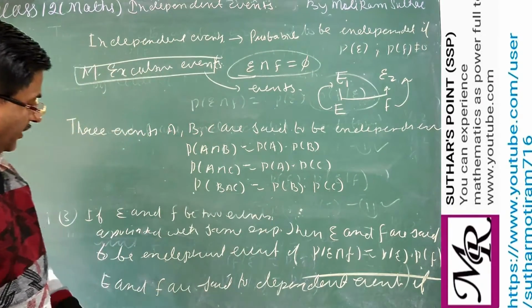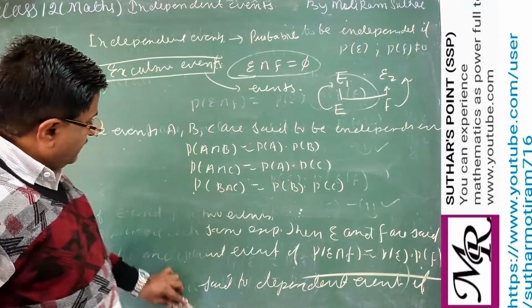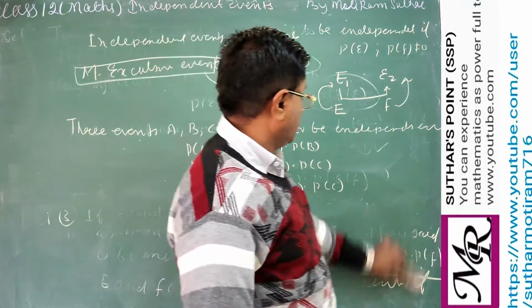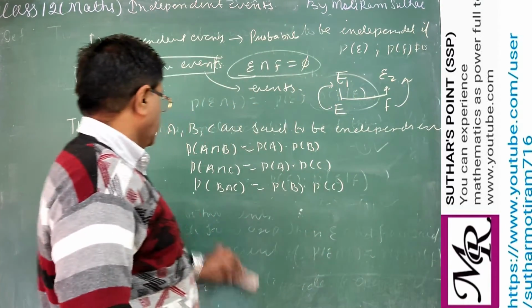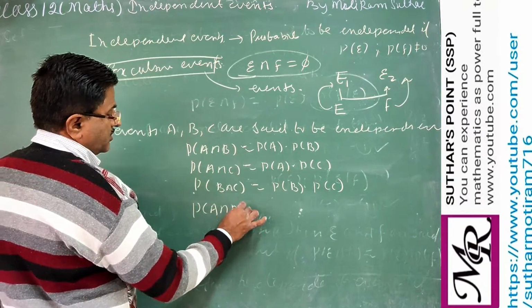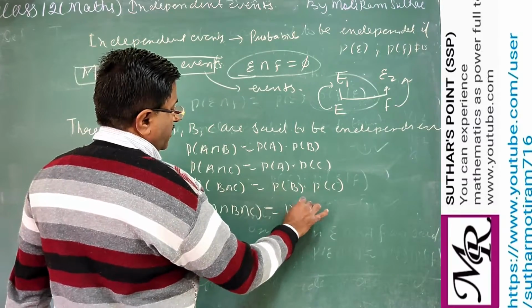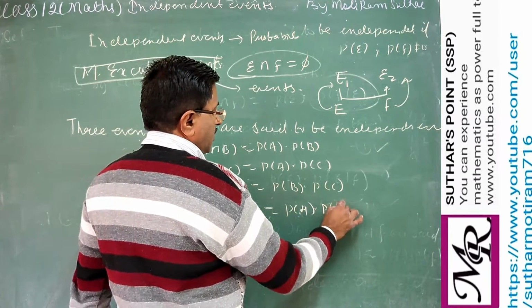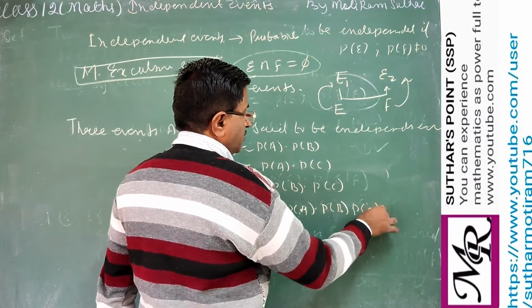And lastly, the intersection of all should equal the product of their individual probabilities: P(A ∩ B ∩ C) = P(A) × P(B) × P(C).